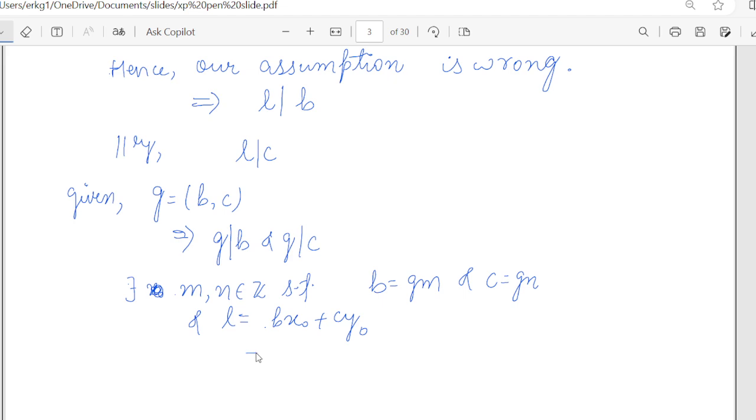Now we put the values of B and C from here. Then L becomes Gm x naught plus Gn y naught. This implies L is equal to G into (M x naught plus N y naught).